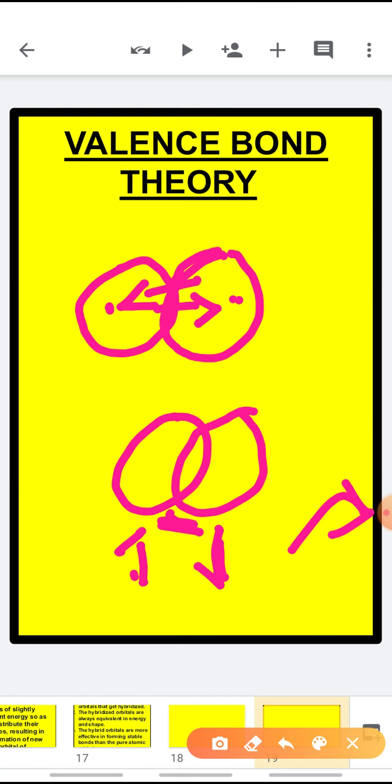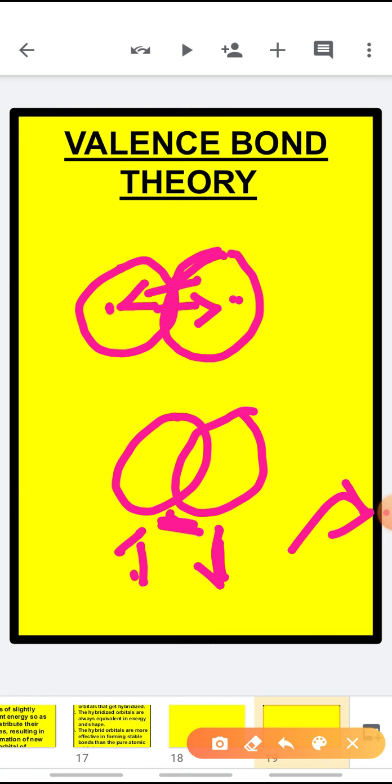Now, children, orbital overlapping can take place in many ways. You all know about the shapes of orbitals. Depending upon the shapes of orbitals, there can be positive overlapping or negative overlapping.